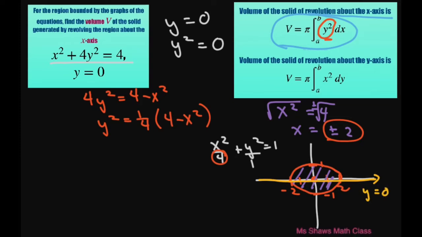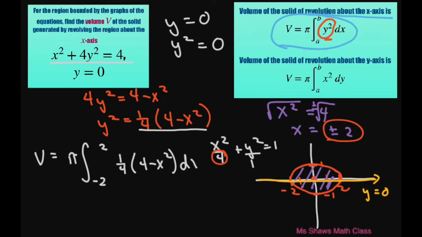All right, so when we set up our integral, we can write the volume equals, I'm going to write my formula, pi, and we're going from, on the x-axis, negative 2 to 2, of 1/4 times (4 minus x squared) dx, because that's your y squared.